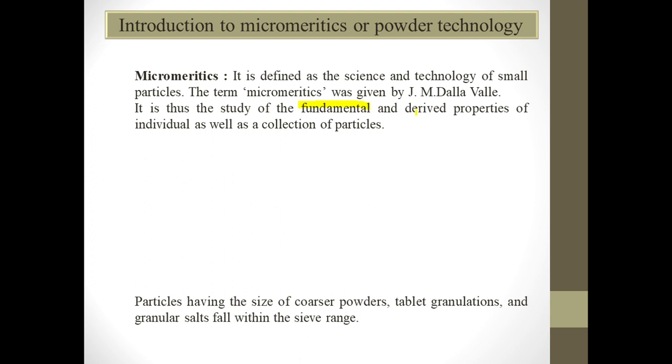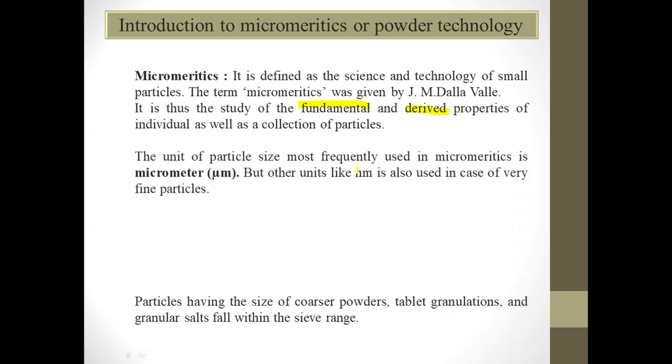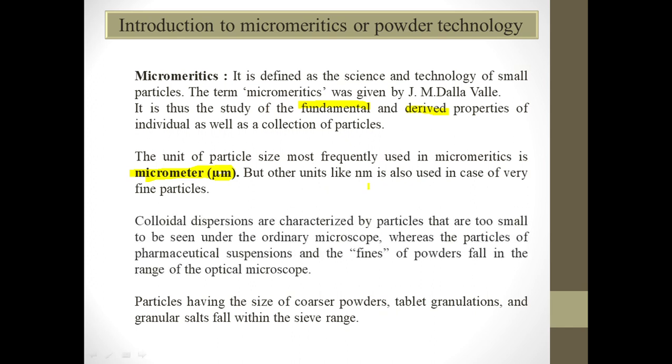What these fundamental and derived properties are, we will be studying later on. Basically all the measurements are in micrometer, but other units can be used in case of fine particles. Colloidal dispersions are particles too small to be seen under the ordinary microscope.